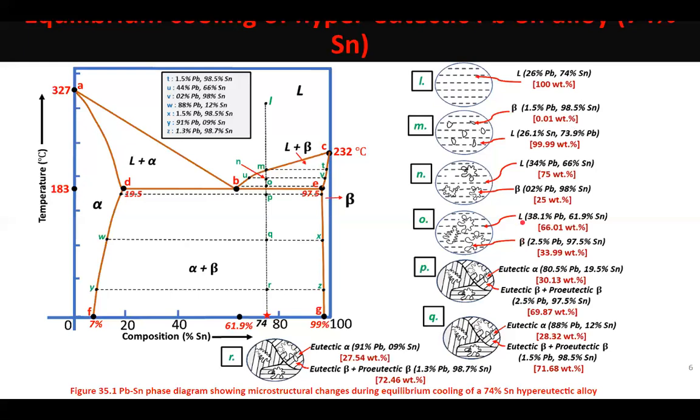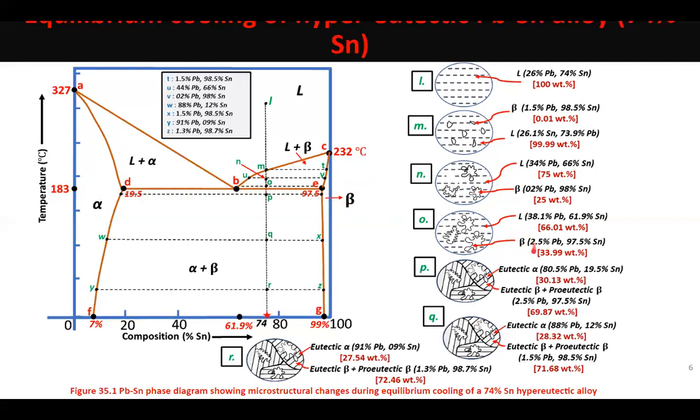This liquid is of eutectic composition. Moreover, this liquid is present just at the eutectic temperature. So just in a while, with a fraction of a drop in the temperature, this entire liquid will change to eutectic mixture of alpha and beta.